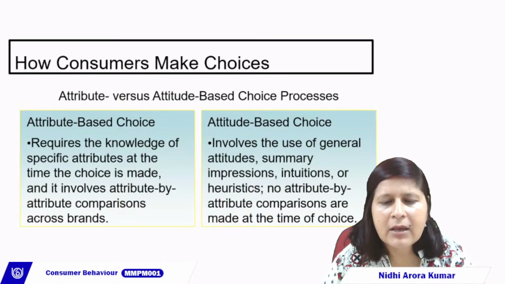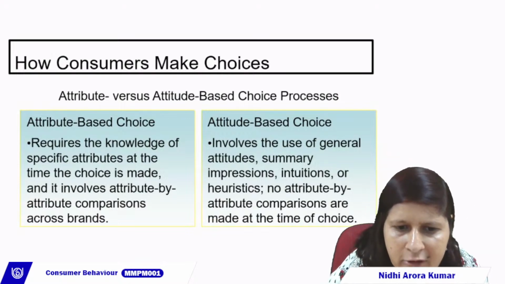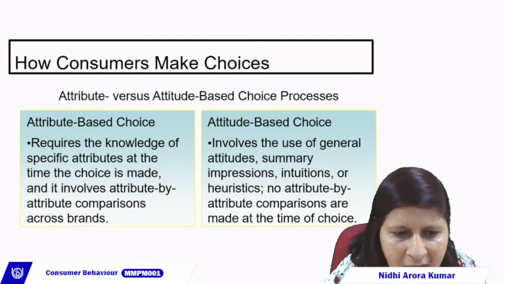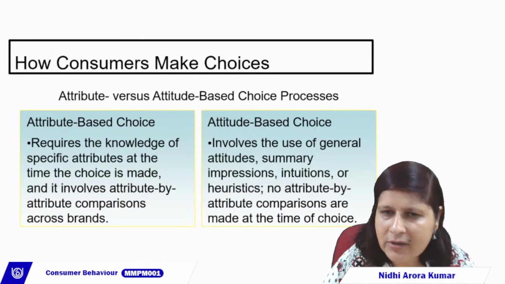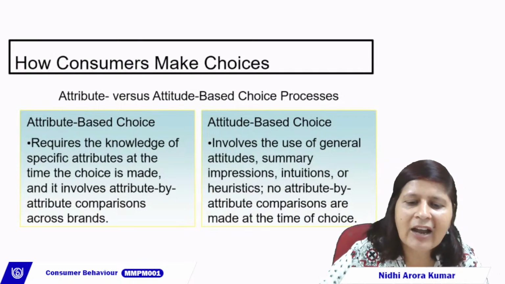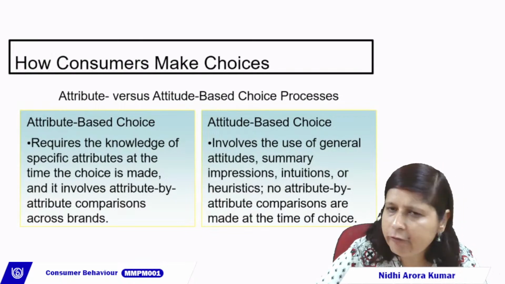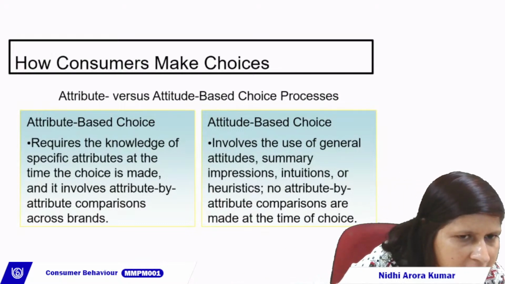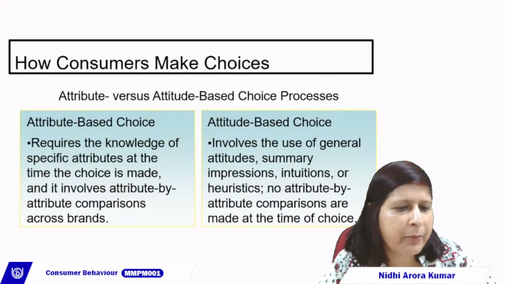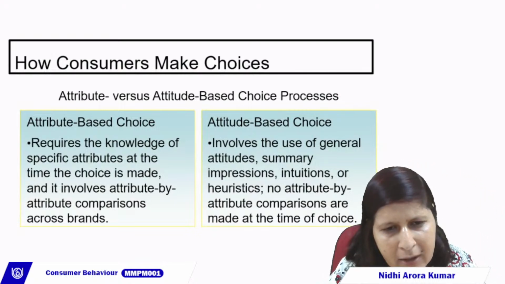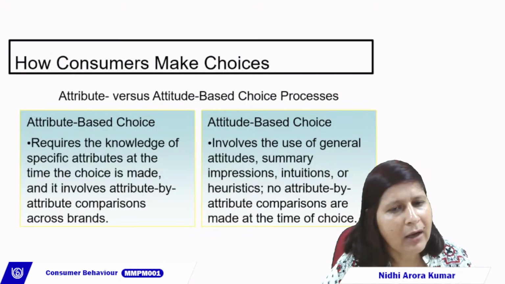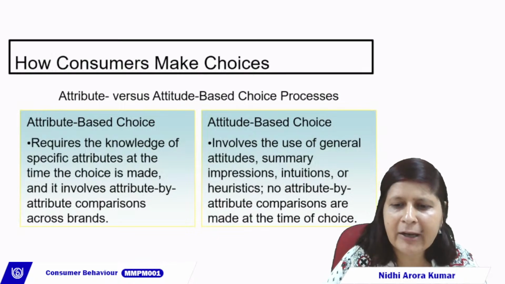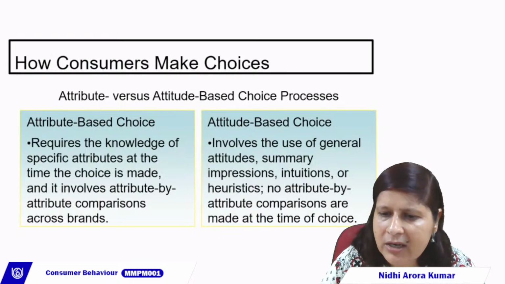So when you choose on the basis of attributes, you should have knowledge about the specific characteristics of a particular product of a particular brand, and be able to compare them with a similar product of another brand.